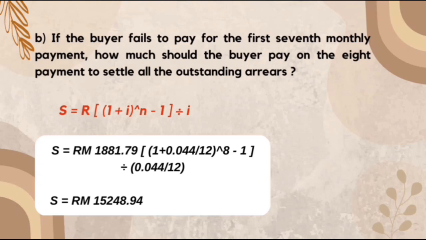S equal to 1881.79 bracket 1 plus 0.044 over 12 bracket to the power of 8 minus 1 divided by 0.044 over 12, and we calculate everything in the bracket, and the final answer for S is RM15,248.94.